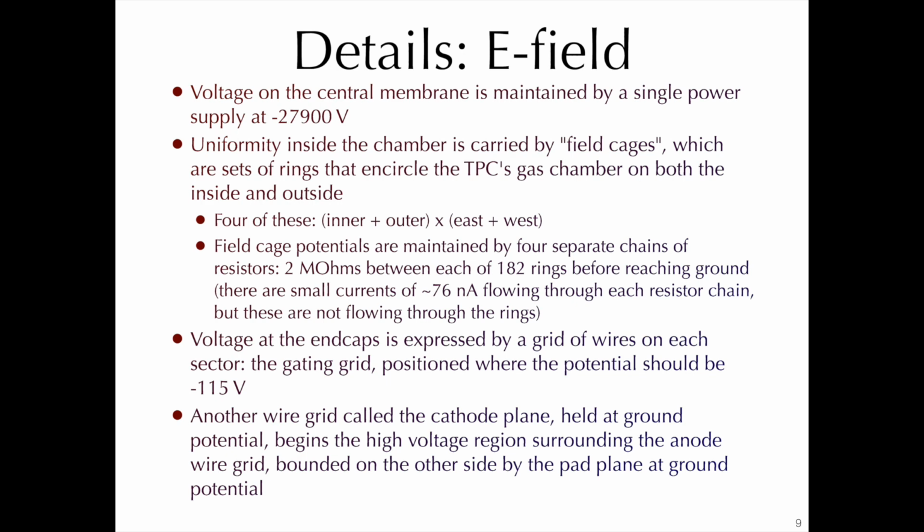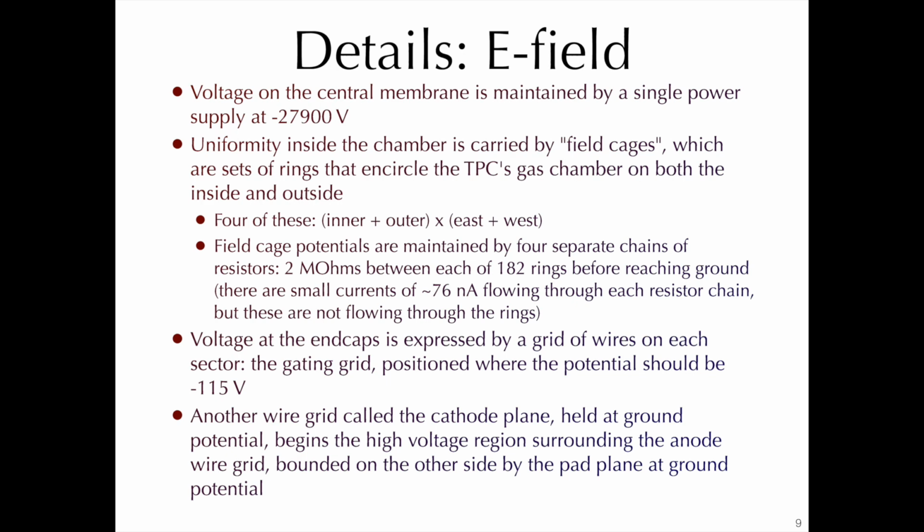So there are 4 field cages. They are all tied together at their high end at the central membrane, but the 4 field cages then take the current from the central membrane going down through 4 separate resistor chains. And between each resistor on the resistor chain, there is an electrical connection to a ring in the field cage that then is expressing the voltage, the potential into the TPC.